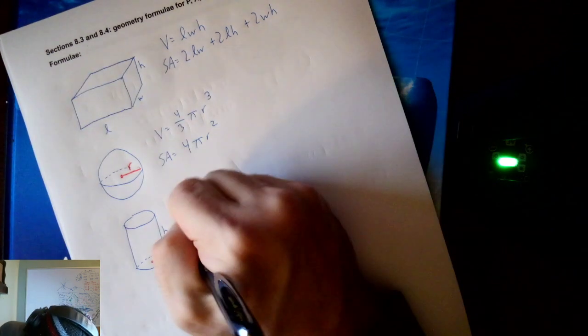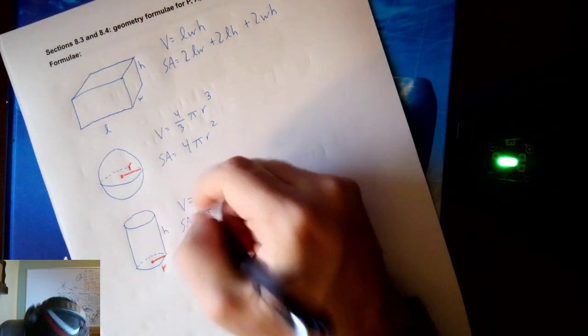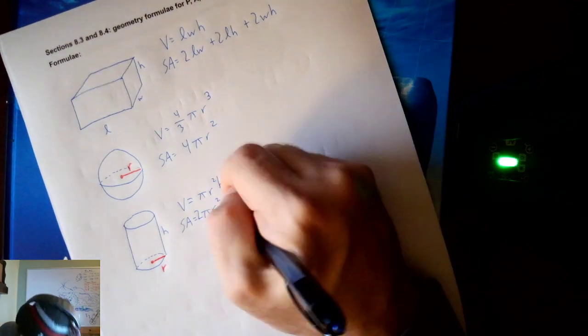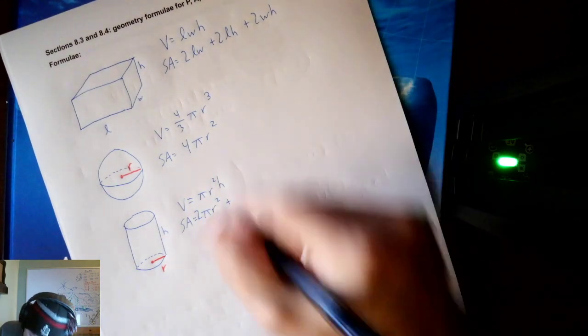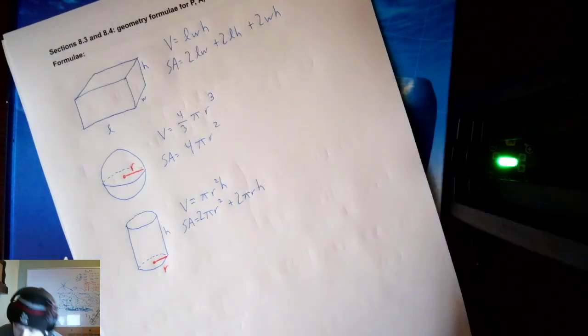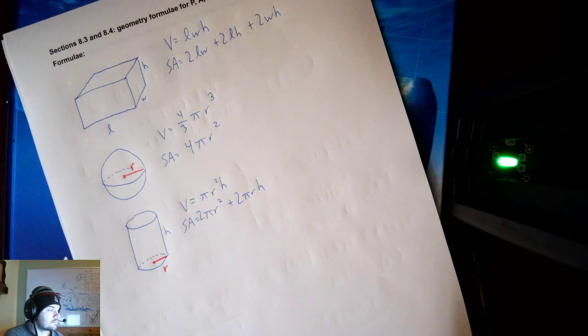And the surface area is 2 pi r squared, I wanted to use that one first, plus 2 pi r h. 2 pi r squared plus 2 pi r h. And that gives us the surface area of a cylinder.